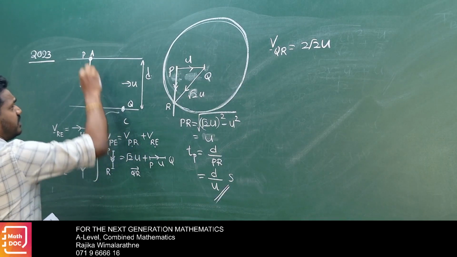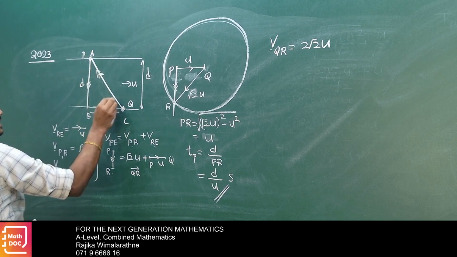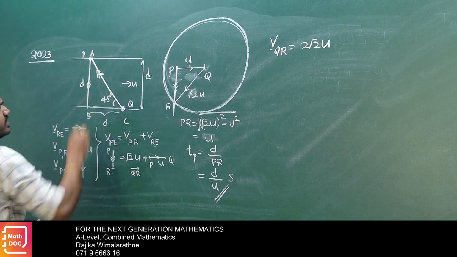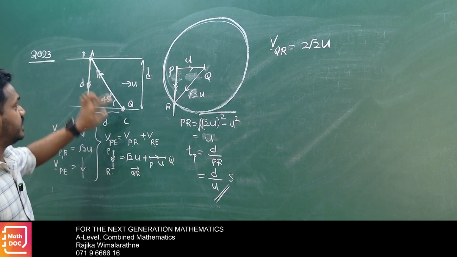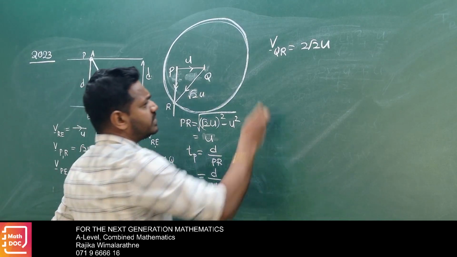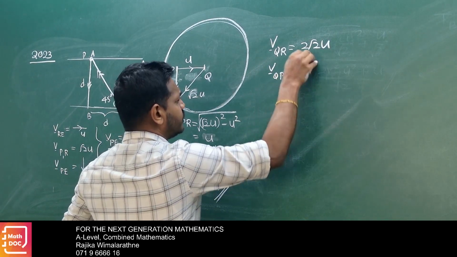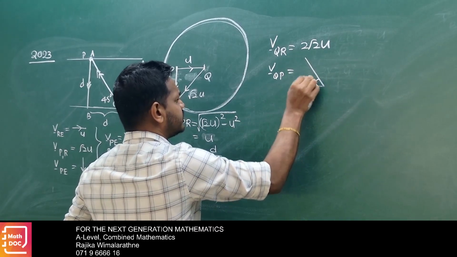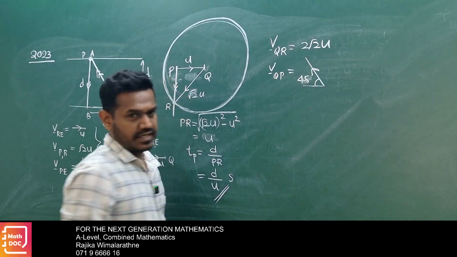To meet P, relative to P, he has to move along this direction, at 45 degree inclination. You stop P, and Q moves that way. Then the velocity of Q with respect to P is at 45 degree inclination.